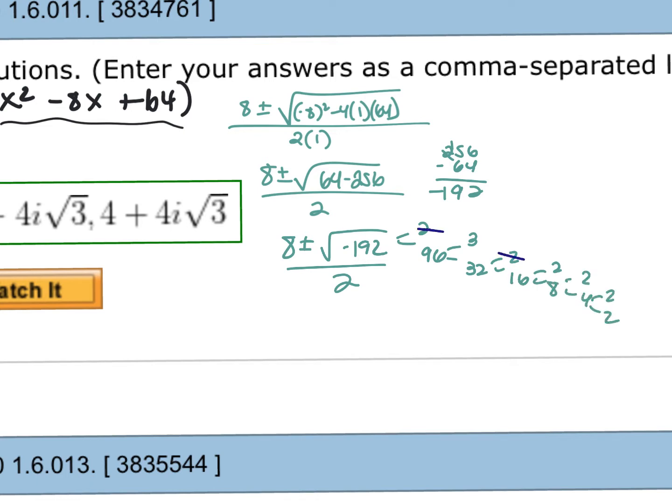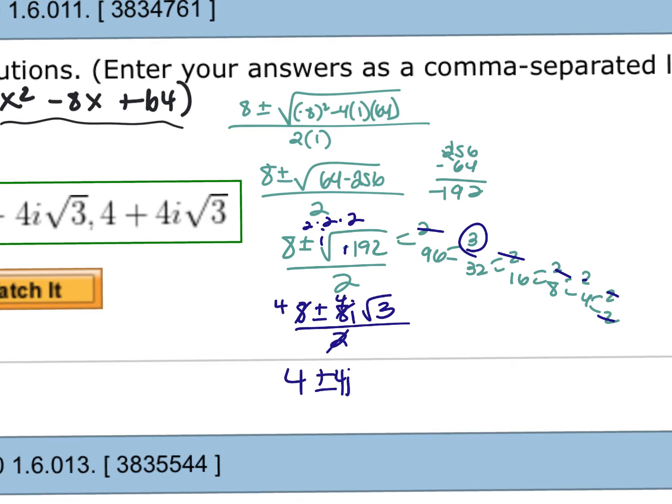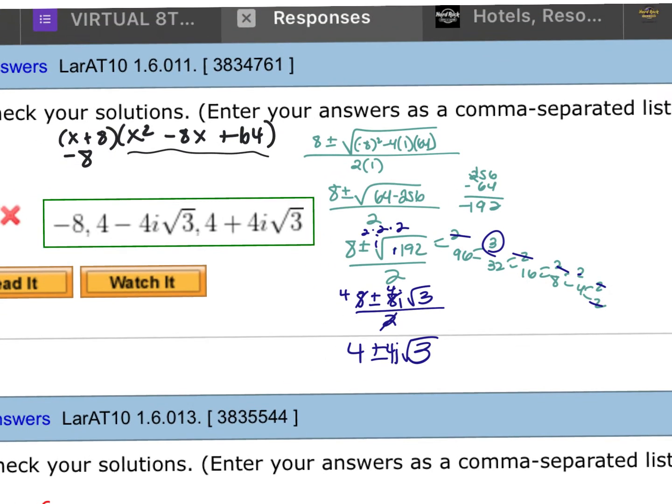So there's one pair of 2s. It's going to come to the outside with an i to get rid of that. Second pair of 2s and a third pair of 2s. So 8 plus and minus 2 times 2 times 2 is 8i, there's only the 3 left underneath, over 2, and then this goes into each of these. So there's your other roots, the 4 plus 4i root 3 and the 4 minus 4i root 3.